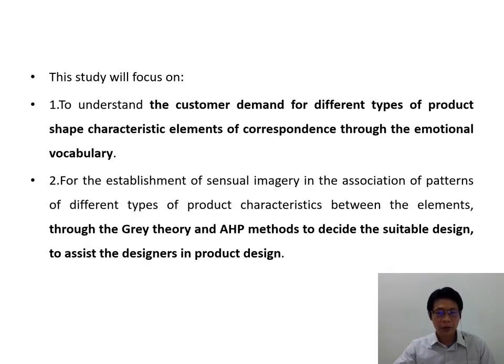The second is to establish the sensory image in association with the patterns of different product characteristics between the elements, through the grey system theory and the AHP method, to design a suitable design to assist the designer in the product design process.